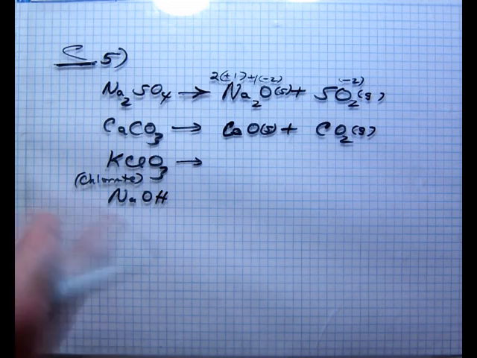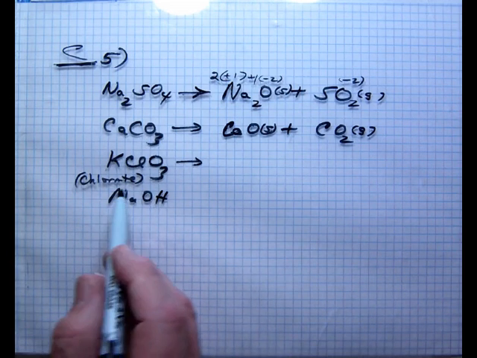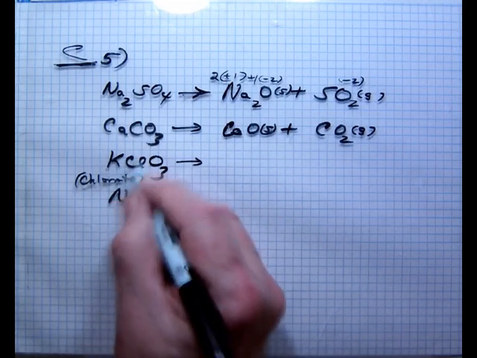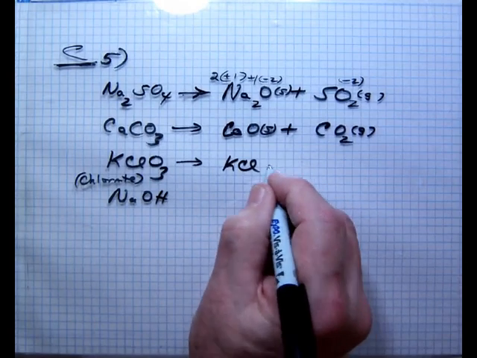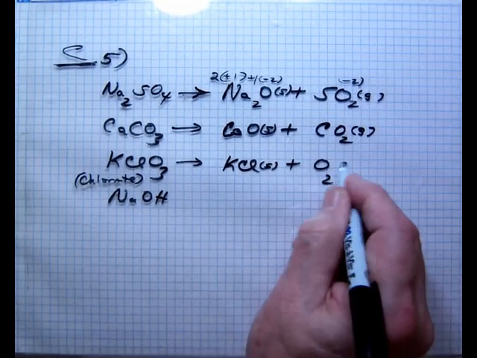In this case, chloride. Chlorate goes to chloride and then gives off O2. So the chloride salt in here is simply KCl, right here. And molecular oxygen is the outcome.